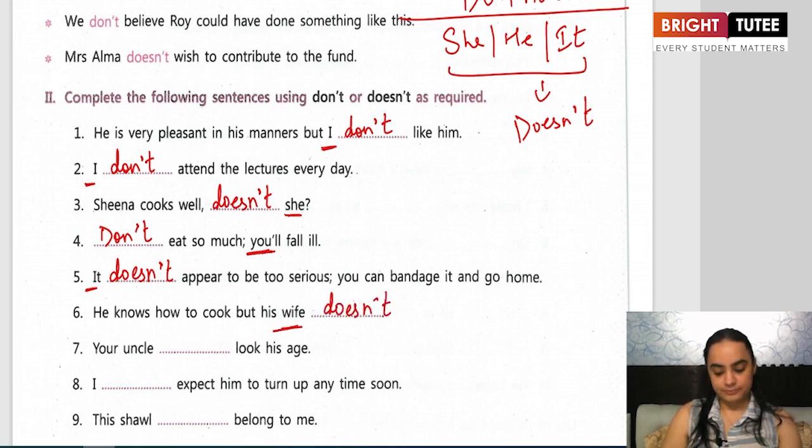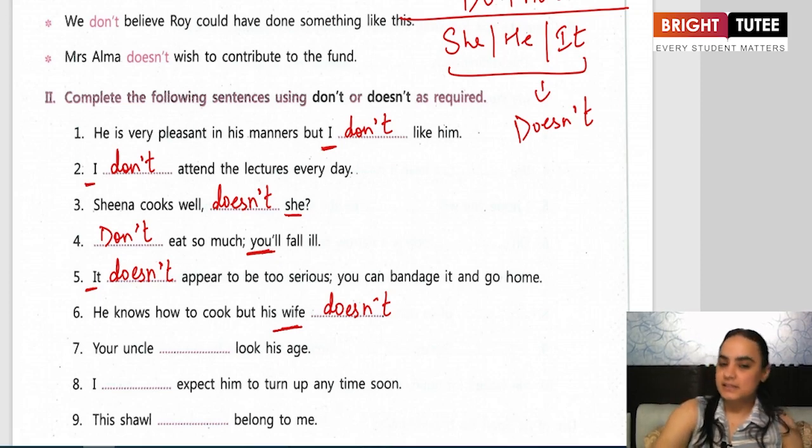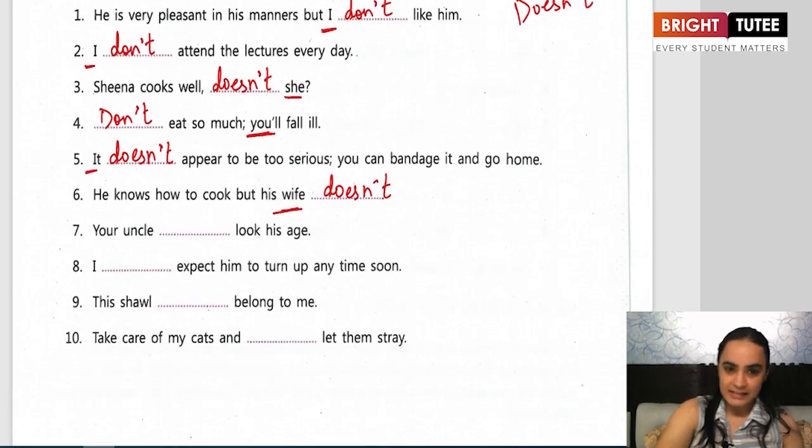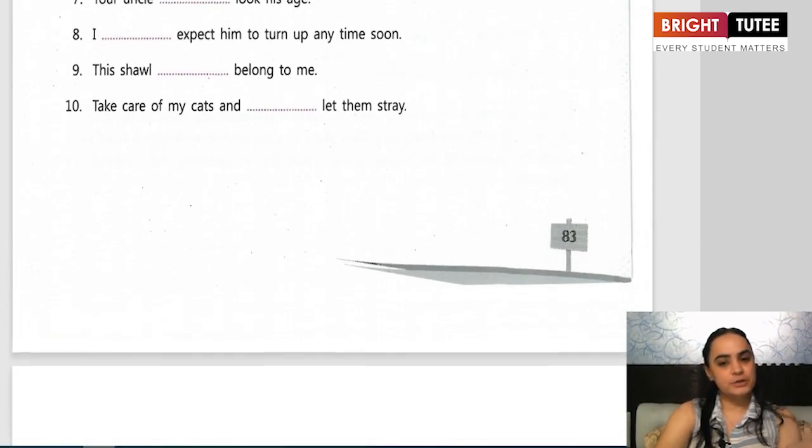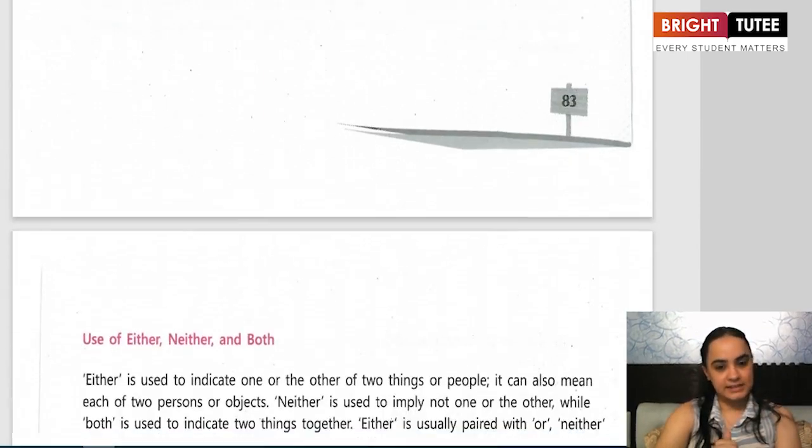So you see, if my subject is plural, I use don't. If my subject is singular, I use doesn't. And this way we can solve the rest of the sentences very easily. Clear? So the difference between don't and doesn't is clear to you.